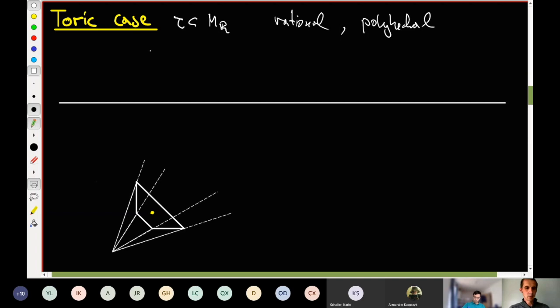And we look at the usual toric ring corresponding to this cone in the M lattice. So we take the sum of all u inside this cone, intersected with the lattice, and then we take the corresponding semigroup algebra.